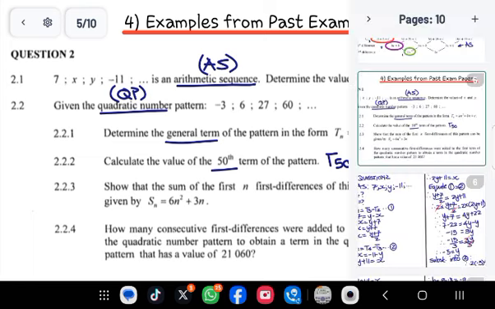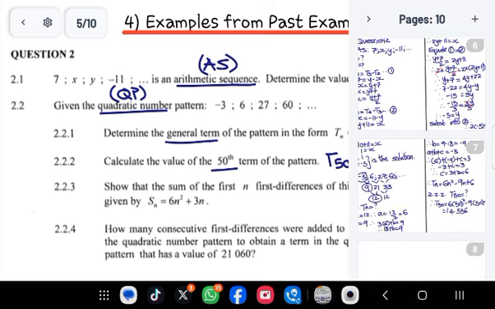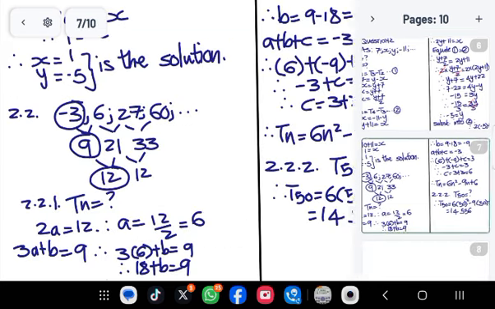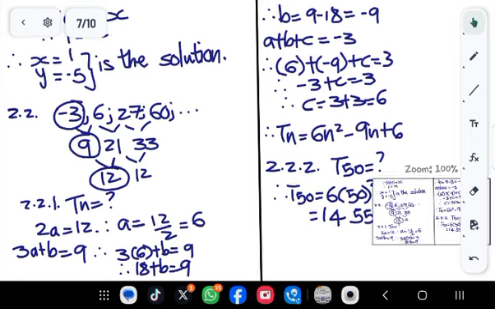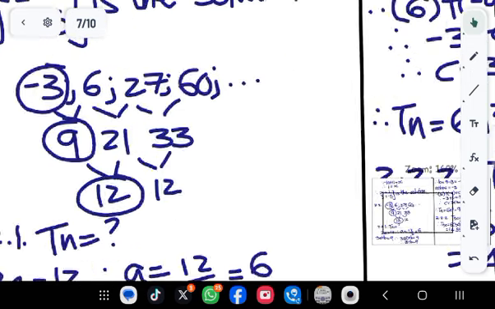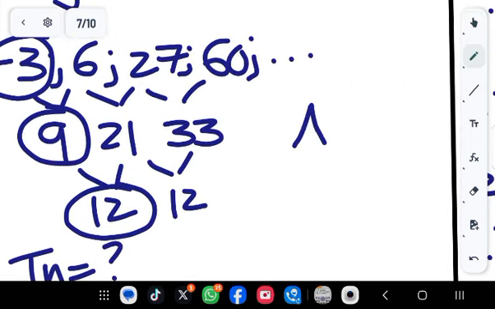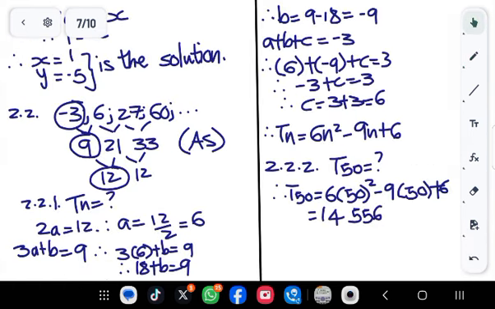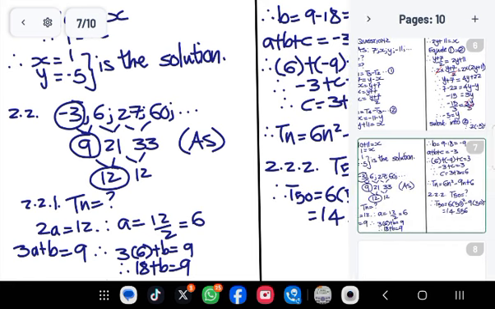So let's go back. The first level of differences is the arithmetic sequence. We want to show that the sum of the first n terms of this arithmetic sequence is the answer they gave us. So that is 9, 21, 33.